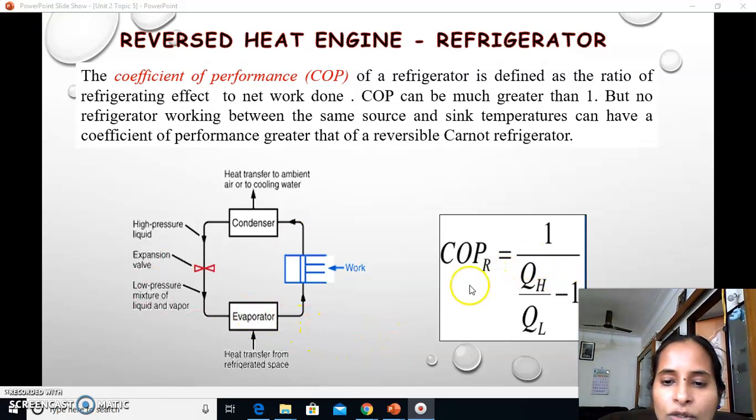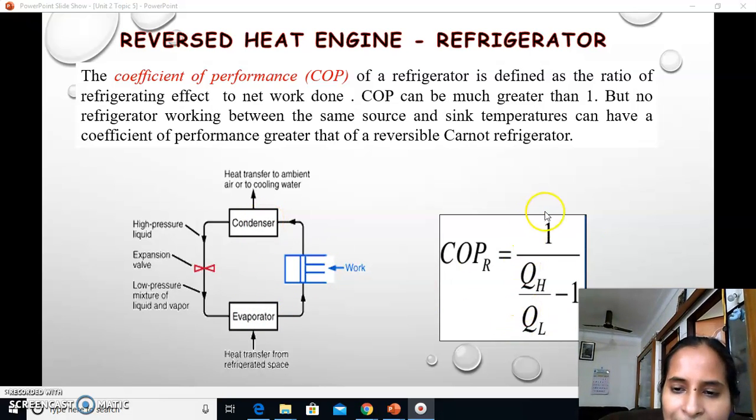The coefficient of performance for a refrigerator is given by the desired effect, which in the refrigerator is the evaporator, the lower temperature, that you want. So that lower temperature is in the numerator, and in the denominator you have the difference between the temperatures of the evaporator and the condenser.